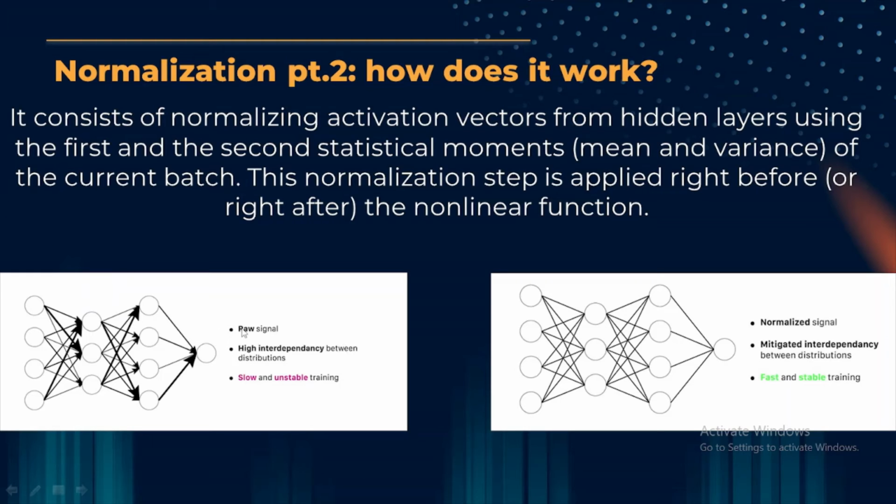So we have a raw signal, high interdependency between distributions, slow and unstable training. But after transforming it into a normalized signal, we notice that there is mitigated interdependency between distributions, and it is fast and stable training.